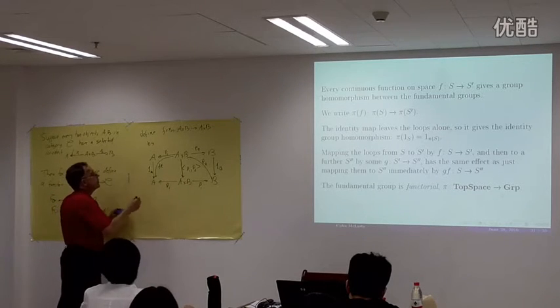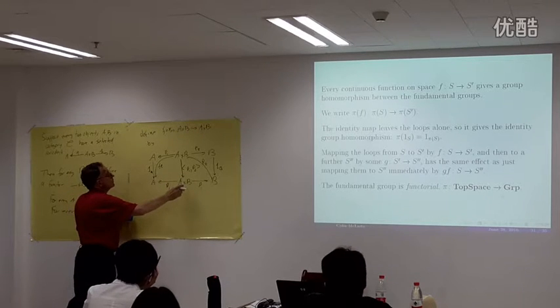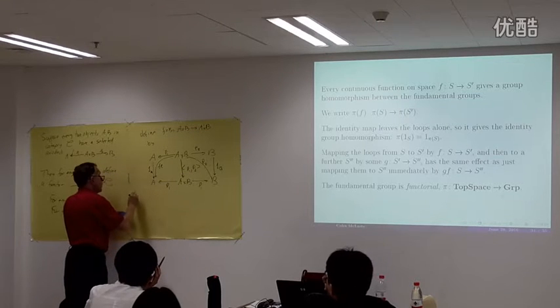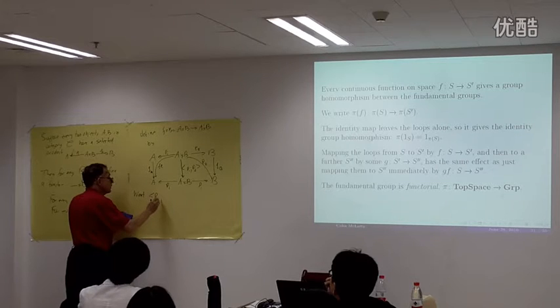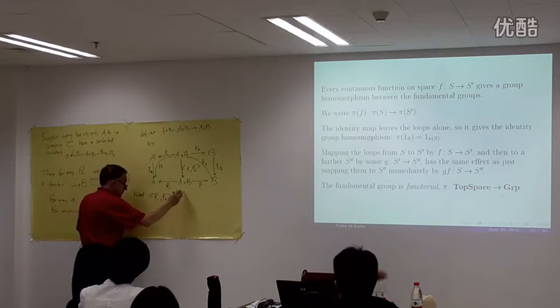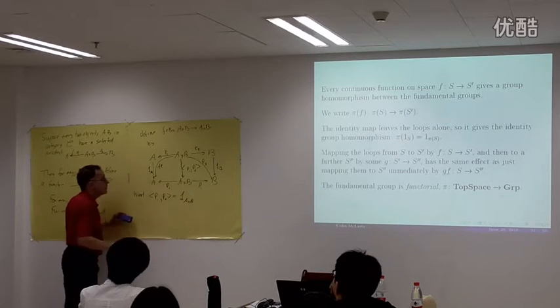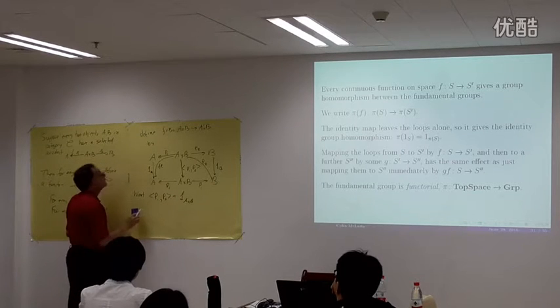So what I want to know is that P1 paired with P2 is the identity on A cross B. That's what I want.